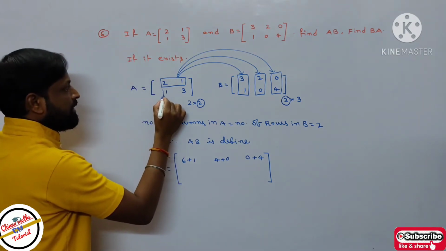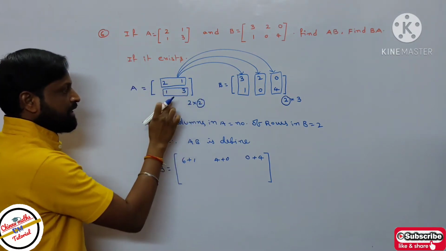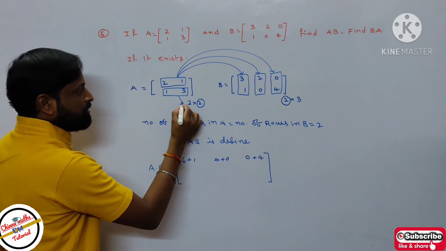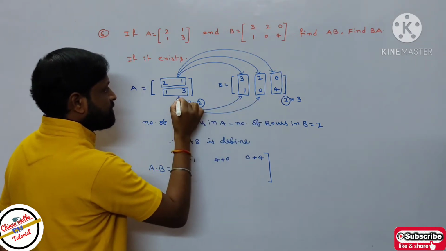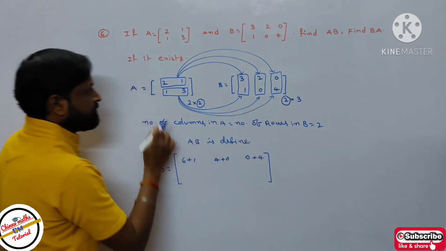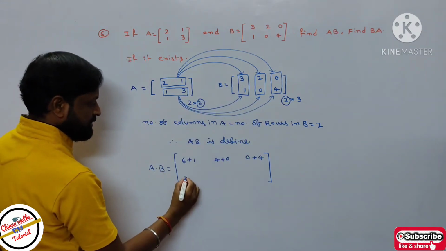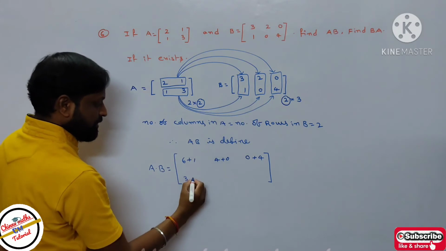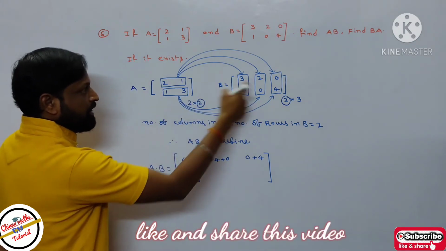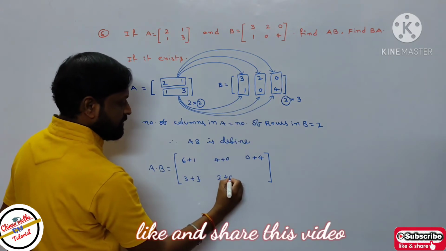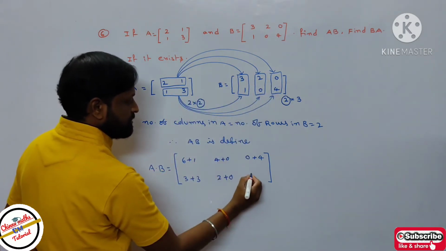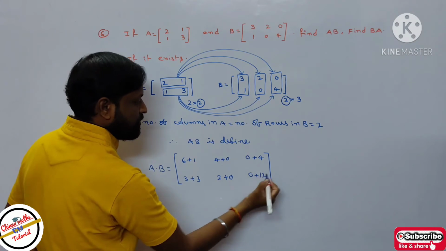Similarly, take the second row and multiply to all columns of the second matrix. Then 1 into 3, 3 plus 3 into 1, plus 3, 1 into 2, 2 plus 3 into 0, 0, then 1 into 0, 0 plus 3 into 4, 12.